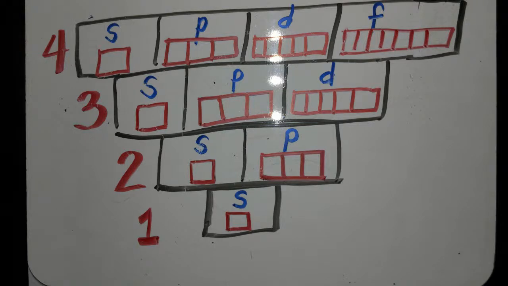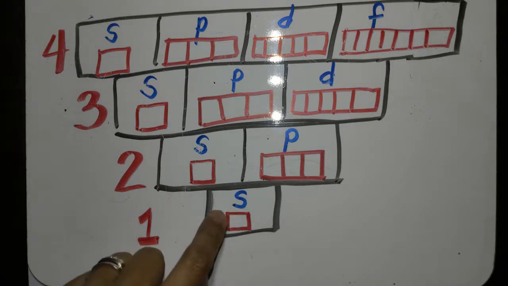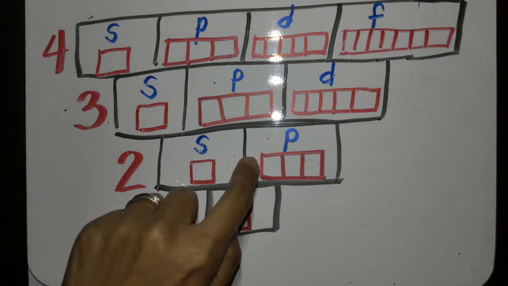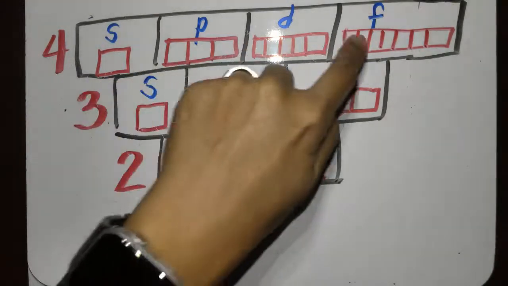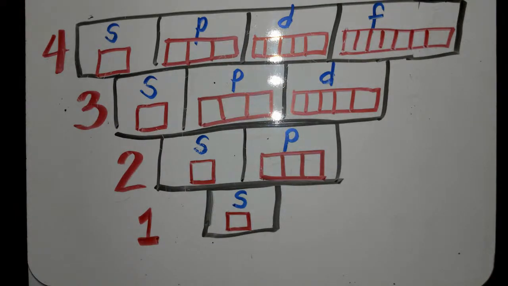And in every sub-level, you have the number of orbitals that's fixed for every sub-level. 1 for the S, 3 for the P, and then 5 for the D, and then 7 for the F. That's the number of orbitals in every sub-level.